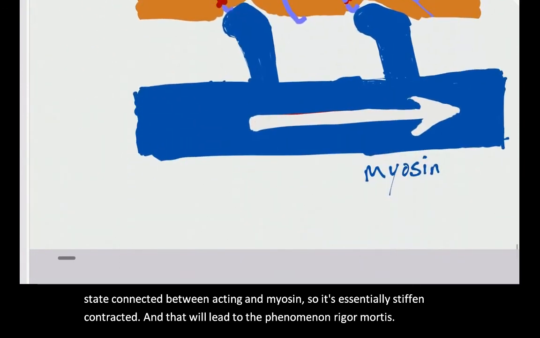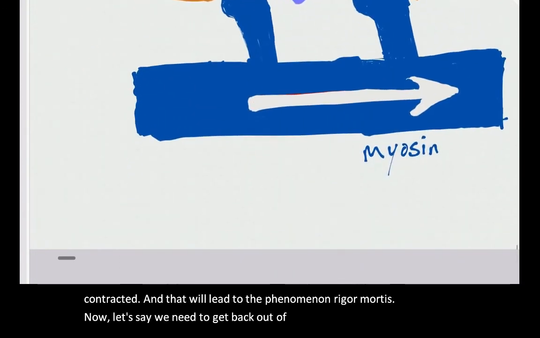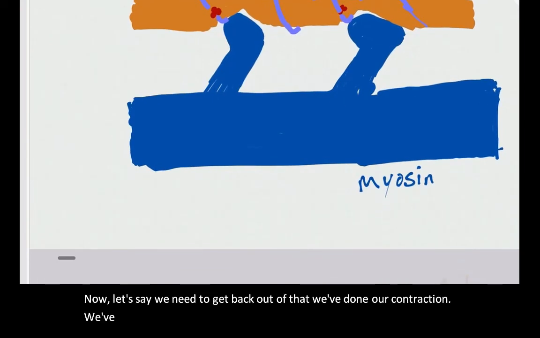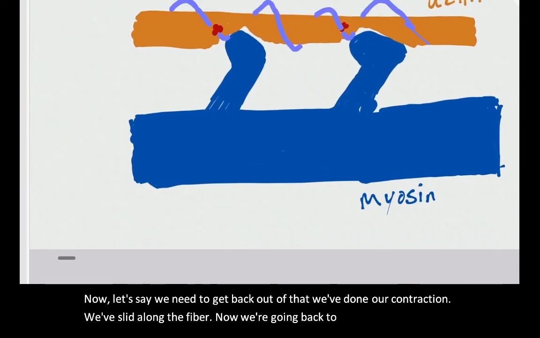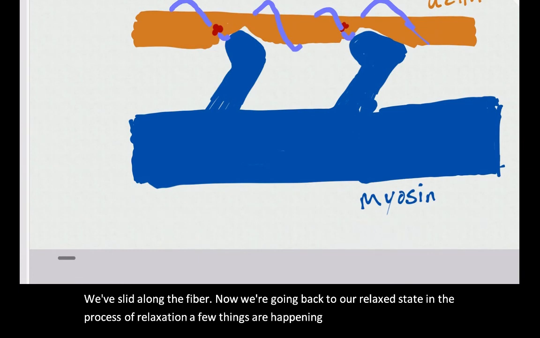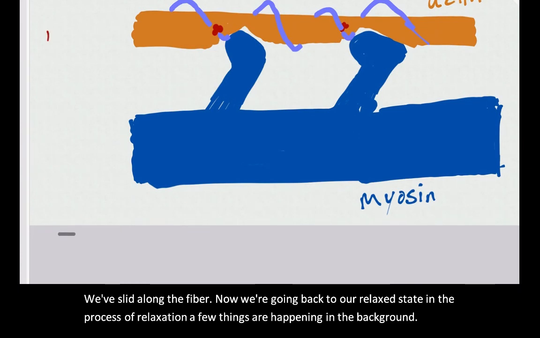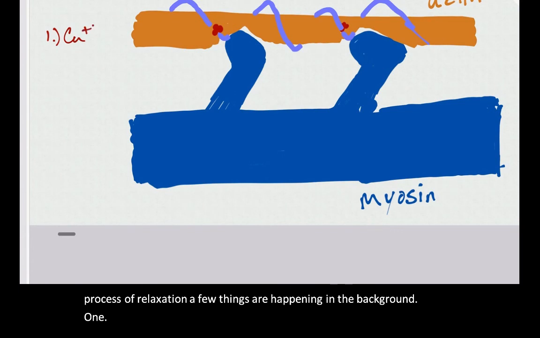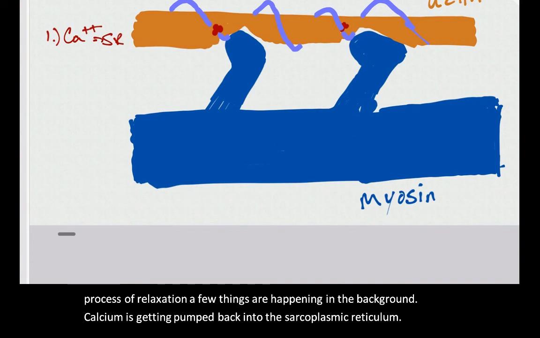Now let's say we need to get back out of that. We've done our contraction, we've slid along the fiber, now we're going back to our relaxed state. In the process of relaxation, a few things are happening in the background. One, calcium is getting pumped back into the sarcoplasmic reticulum to prepare for the next phase.